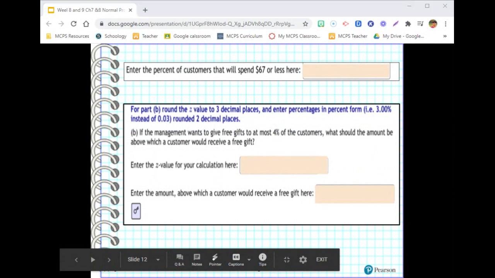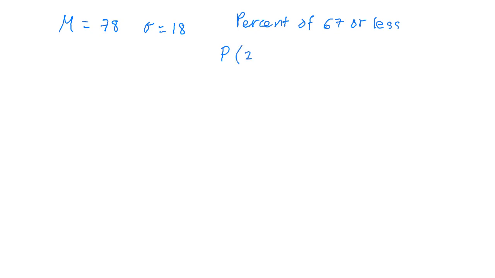Again, the mean is 78, the standard deviation is 18. So we look at the percent of 67 or less, the probability of customers that spend 67 or less. So I use that symbol.